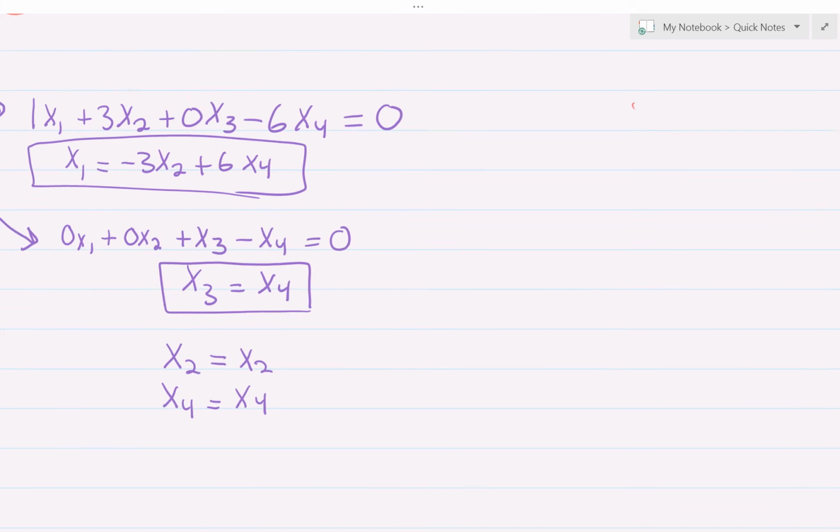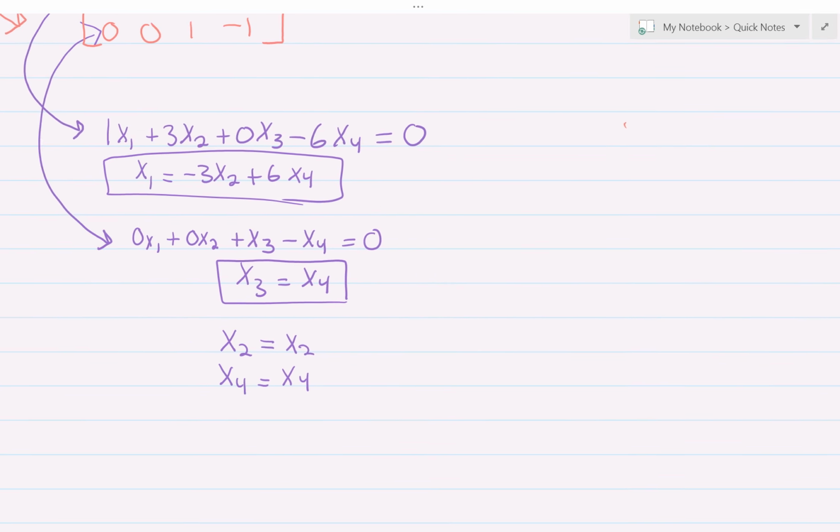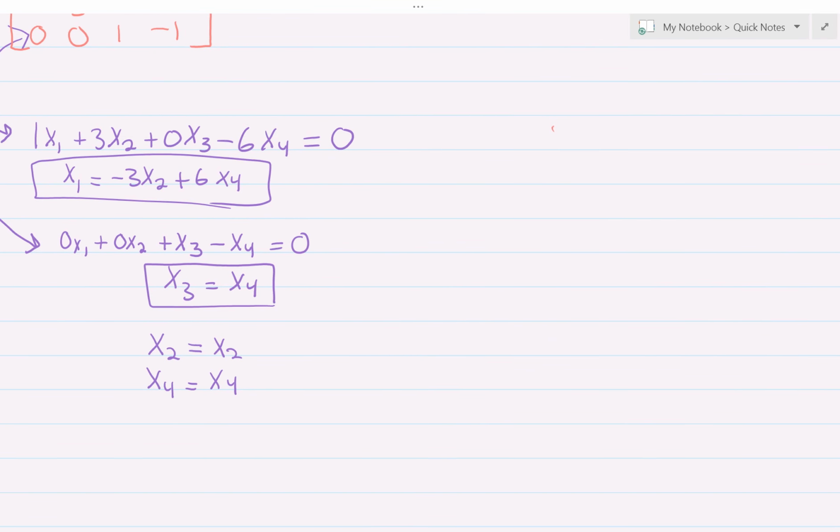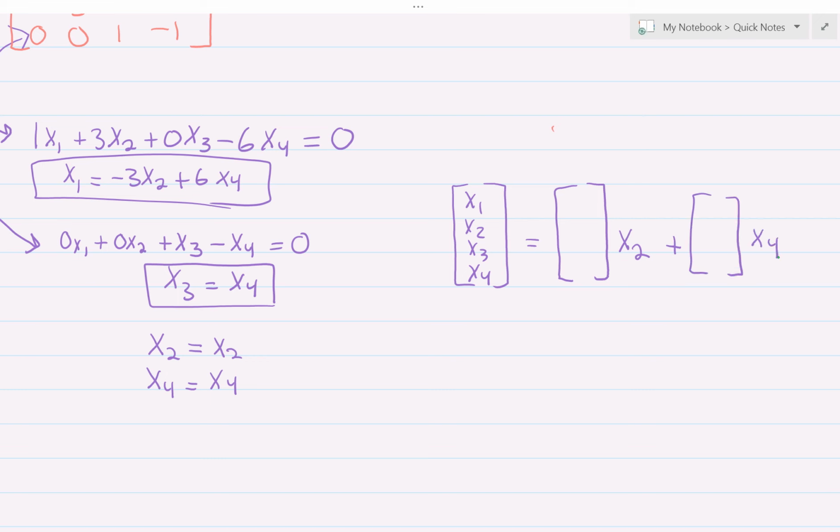Okay, now, the way that I like to write the parametric vector form is to start by writing out my vector, which in this case is x1, x2, x3, and x4, and that's going to equal some vector times our first free variable, plus some other vector of coefficients times our second free variable.